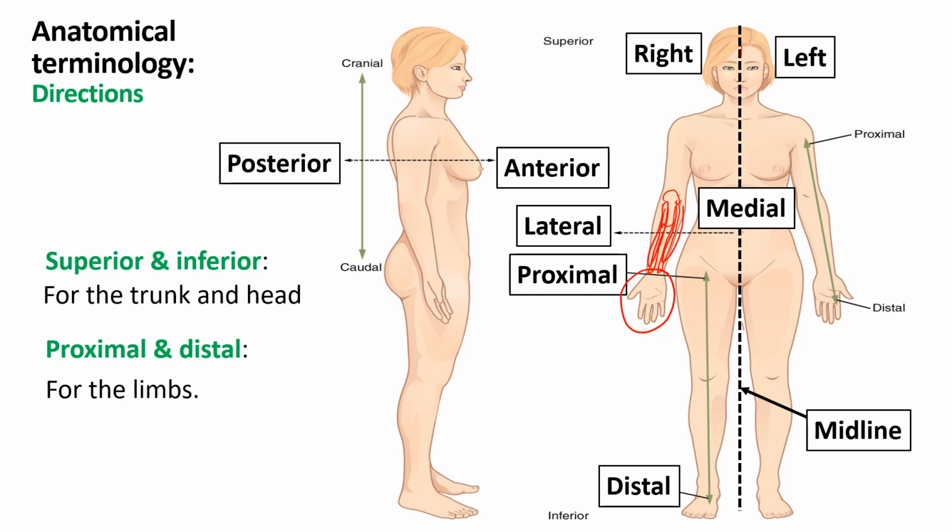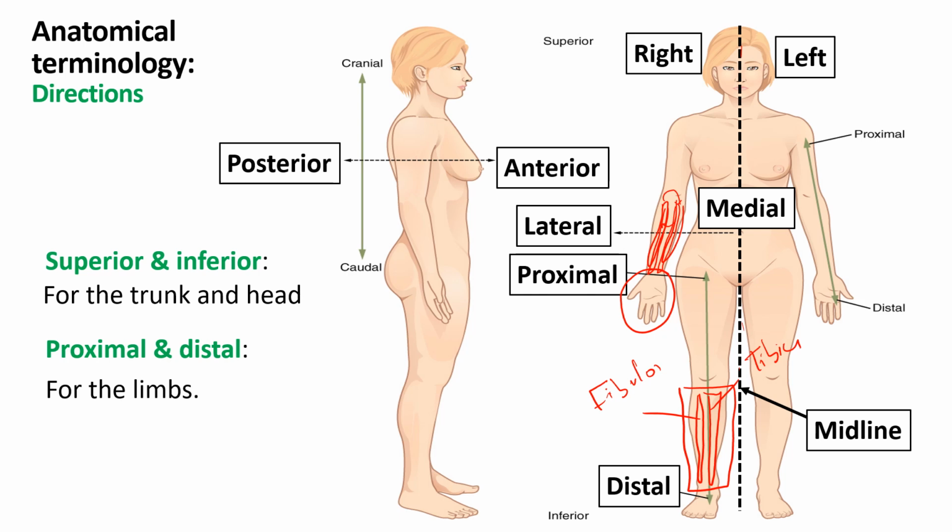Let's take as an example the leg. Here in the leg we have two bones as well. We have a big bone here, which is called the tibia, and another bone here called the fibula.